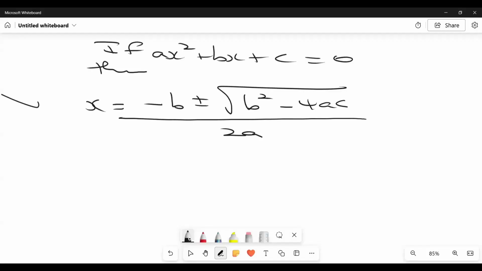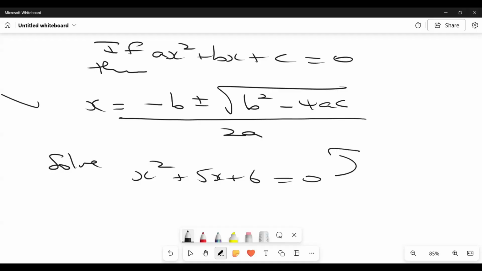What I'm going to ask you to try to do, you already have the answer to this one. I want you to solve x squared plus 5x plus 6 equals 0 using this formula. You know your answer has to be x equals minus 2 or minus 3. I want you to try this at home between now and Friday.